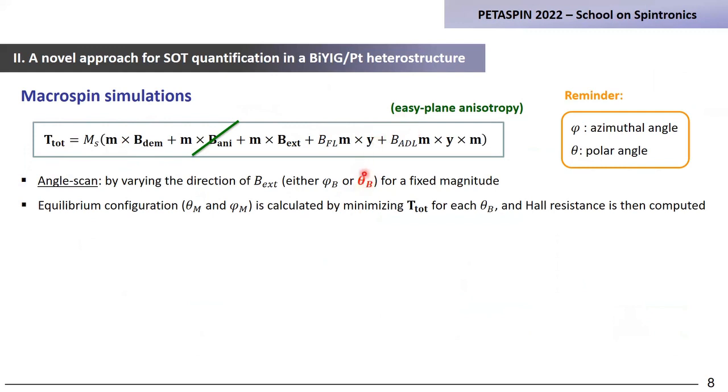Experimentally, we will rely on theta angle scans, which means that we will vary this polar angle for a fixed magnitude of the external field and for a fixed azimuthal direction of the external field. Then, for each of these theta values, we will minimize the total torque and retrieve the equilibrium configuration, from which we can extract the first and the second harmonic response.